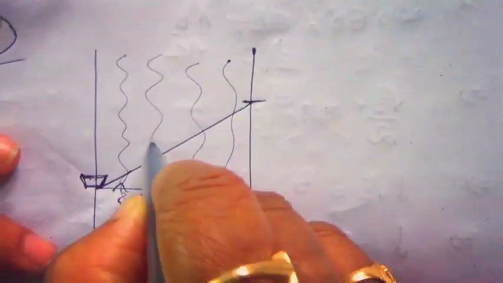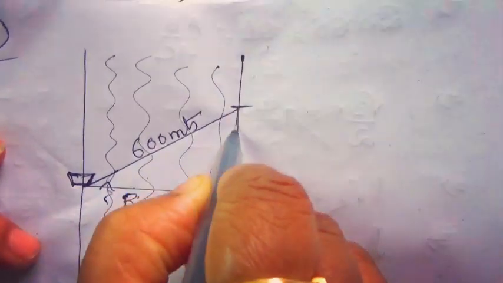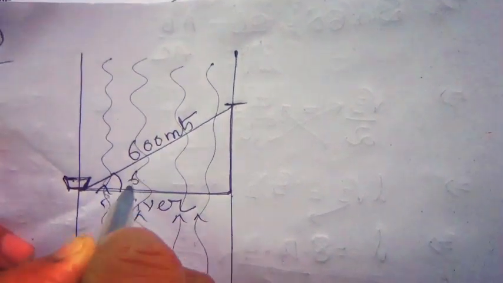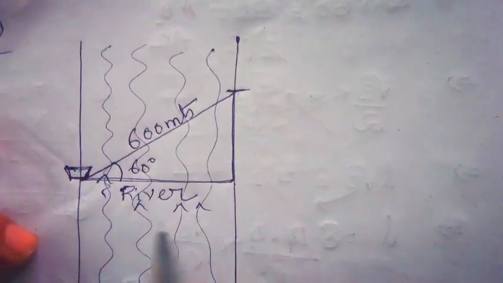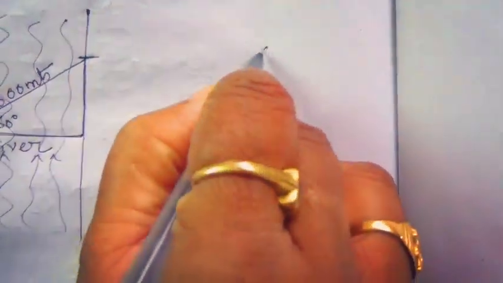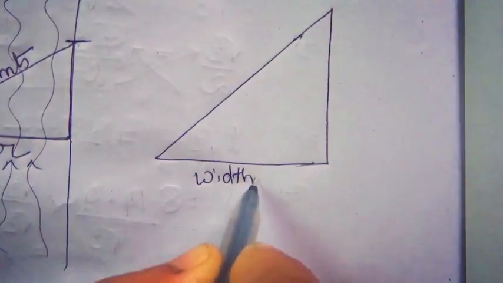So it travels 600 meters. So here we have an angle of 60 degrees. So I am drawing like this. Here it is the width of the river.